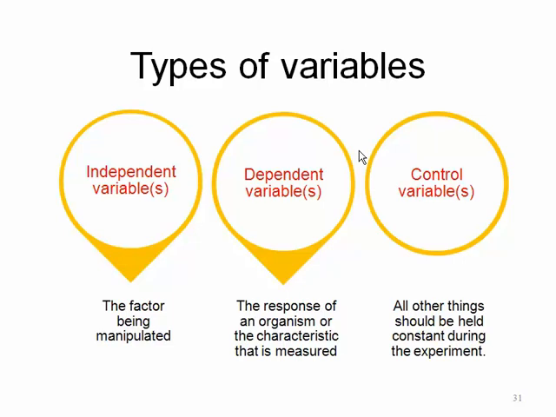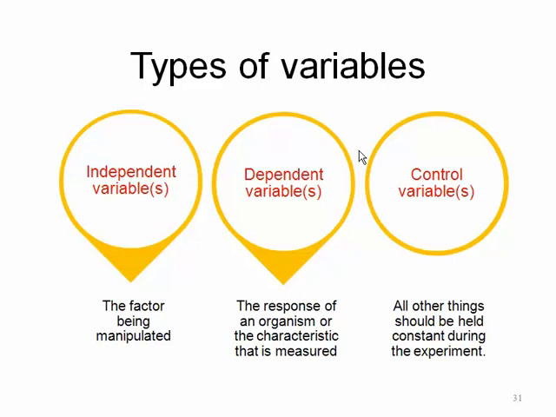We mentioned earlier that during experiments there are various types of variables. An independent variable is the factor being manipulated. The dependent variable is a response of an organism or property or characteristic that's being measured.